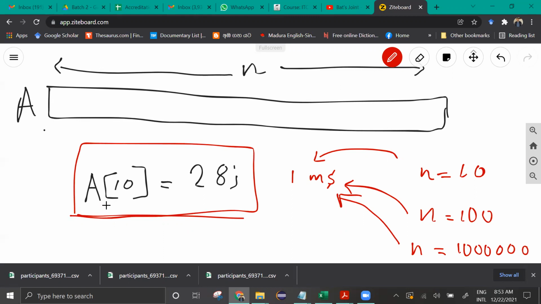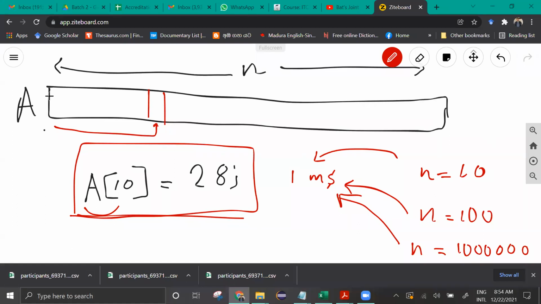That is, accessing the value at the 10th index of the array, accessing an array value with its index, that activity does not depend on the array size, right?